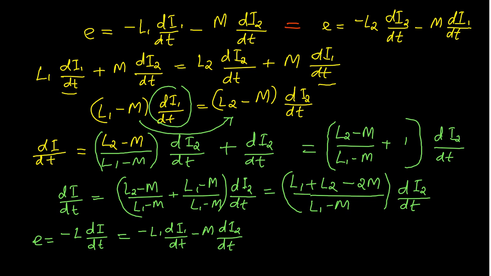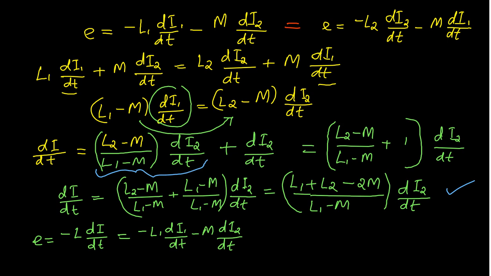Then we substitute di by dt and di1 by dt. di by dt is given by this equation, and di1 by dt is given from this side.